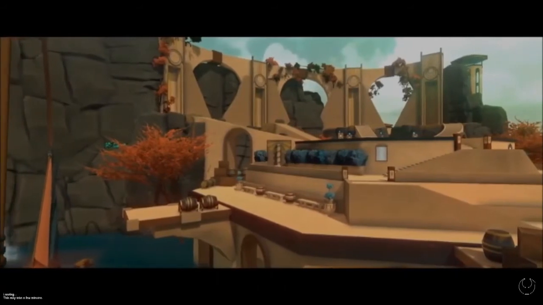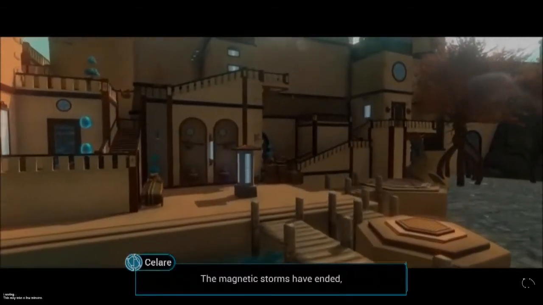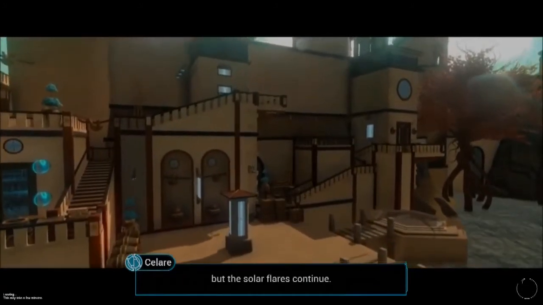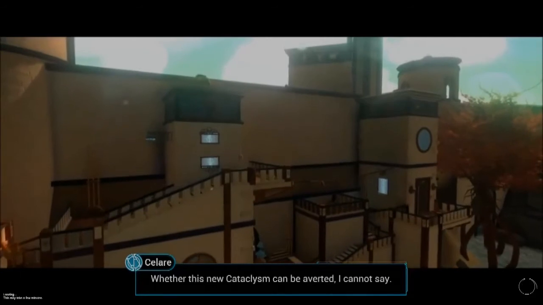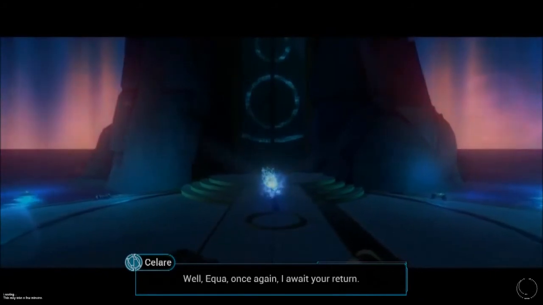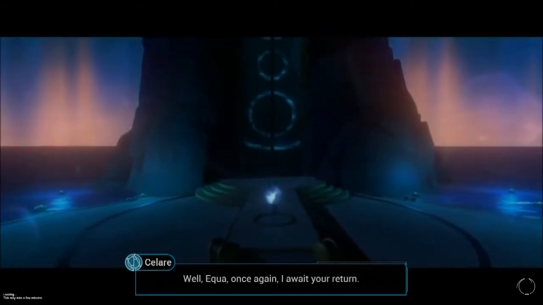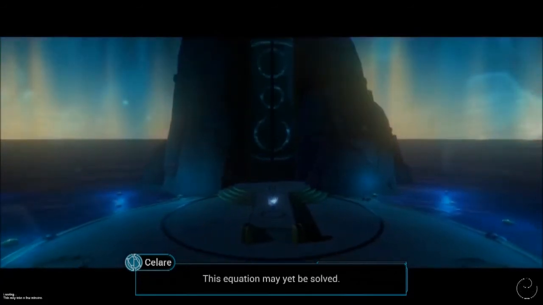Not even who I am. The magnetic storms have ended, but the solar flares continue. Whether this new cataclysm can be averted, I cannot say. Well, Equa, once again, I await your return. This equation may yet be solved.